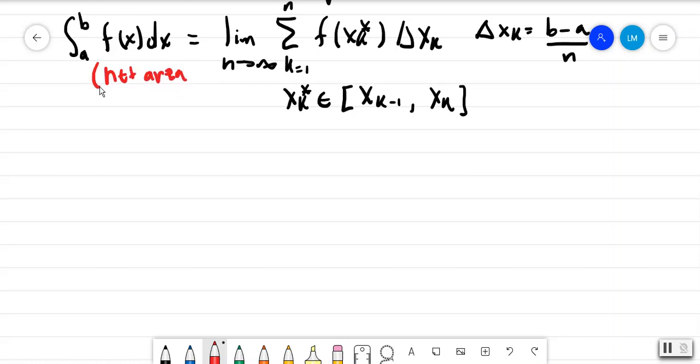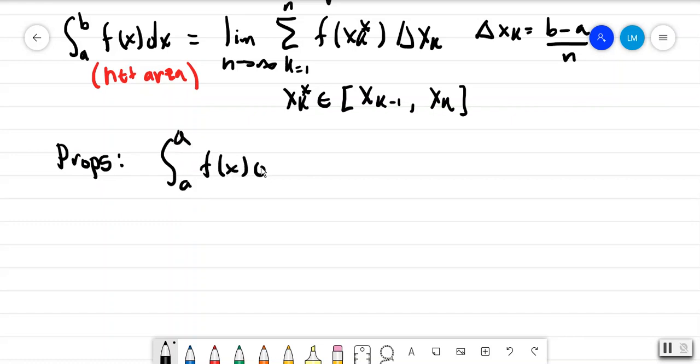Okay, so just make sure that you understand that you're only calculating the net area, which means that if you want to find the total area, you just need to use the absolute value. So here are some properties of the definite integral. If you integrate from a to a of f of x dx, there's no area to integrate, so that's just going to be 0.